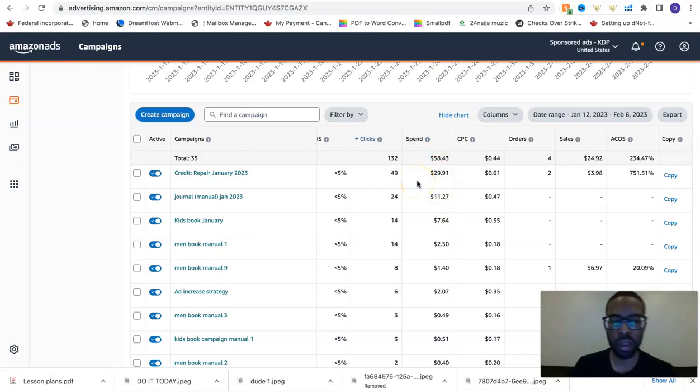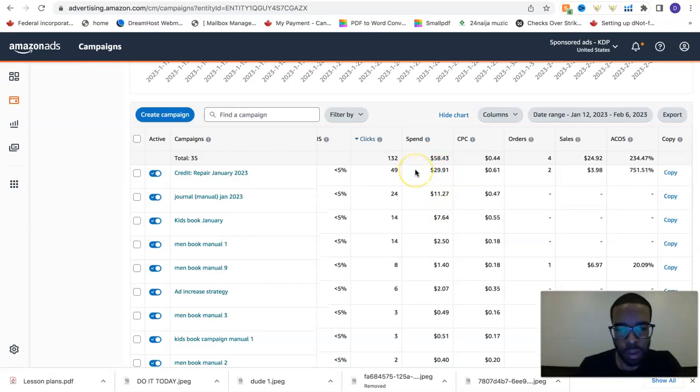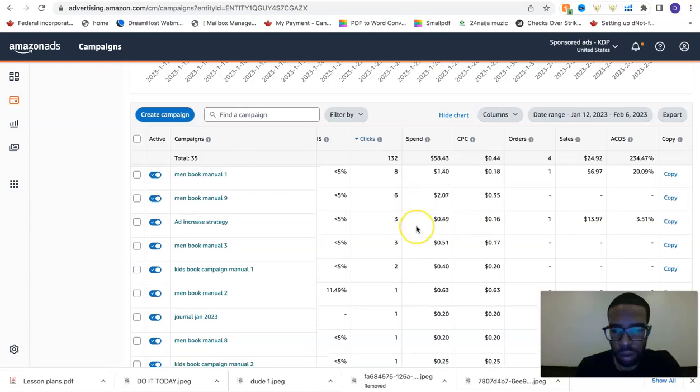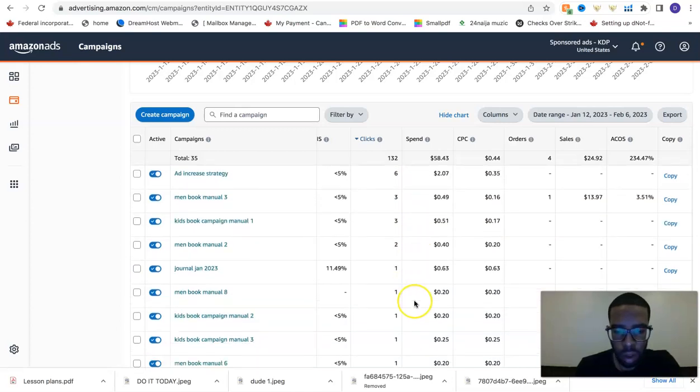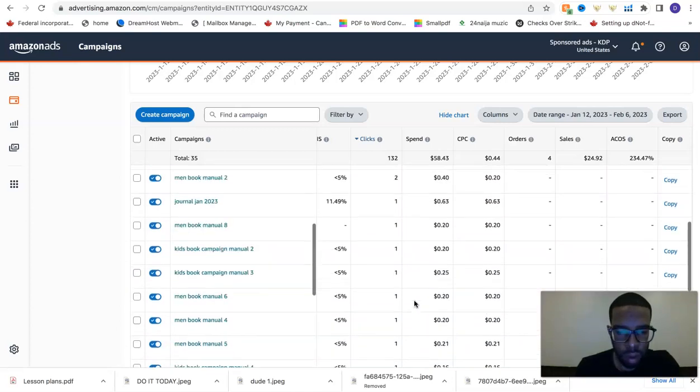So I might have to shut these ads off, figure them out again, see what we can do. Yeah, I'm getting 111 clicks, but nothing.